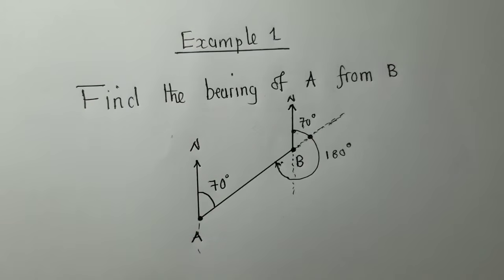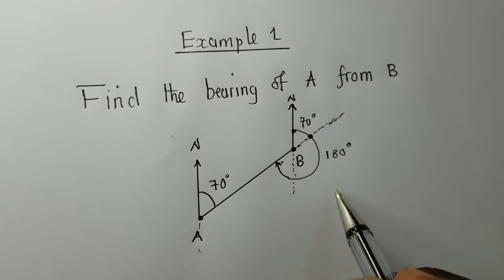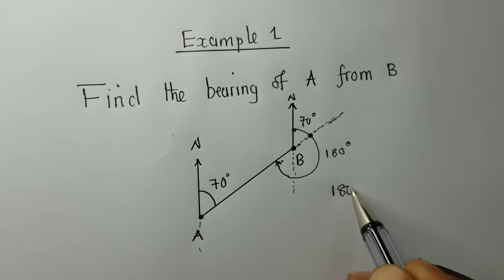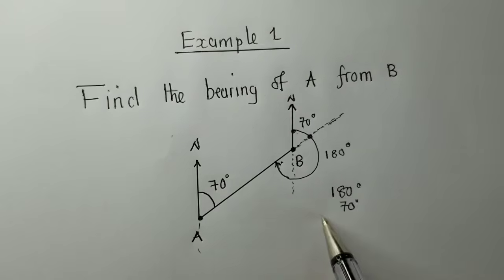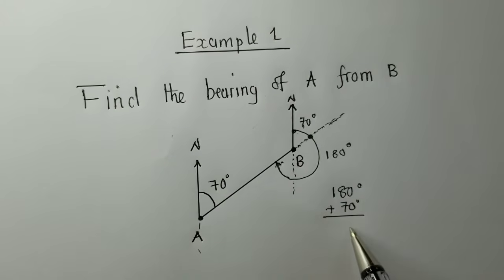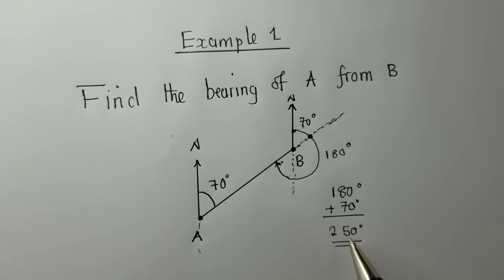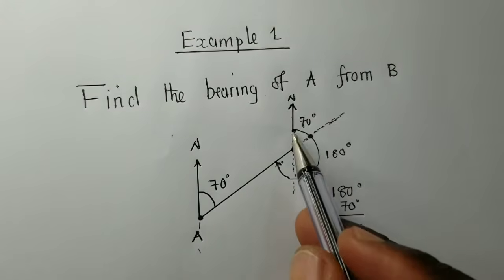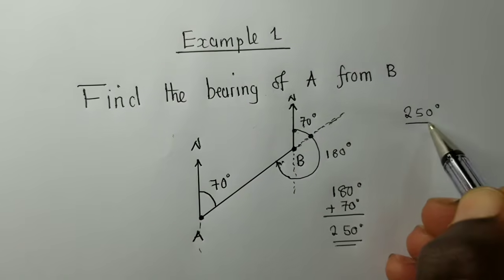So you can see the first property works. It has helped us to find 70 degrees here. So we're going to say 180 degrees plus 70 degrees. When we add these, we are going to get 250 degrees. This is our solution. So the bearing here is 250 degrees.